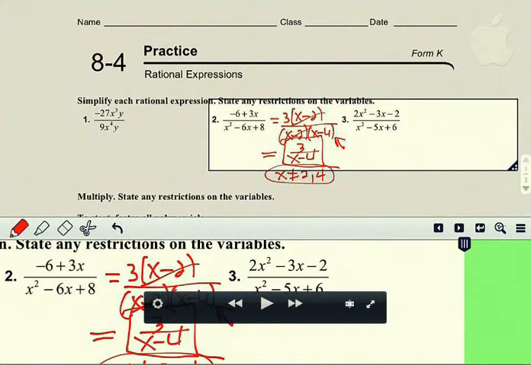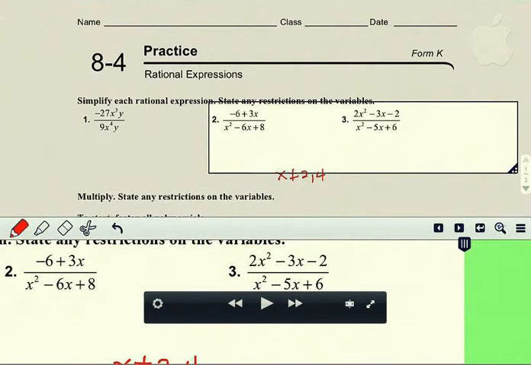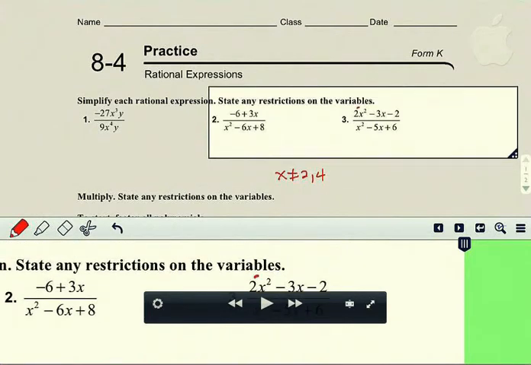Number 3, and again we need some room, so I'm going to go ahead and erase. In the top, we've got some factoring to do. The two numbers that multiply out to minus 4 and add up to negative 3 are minus 4 and 1.